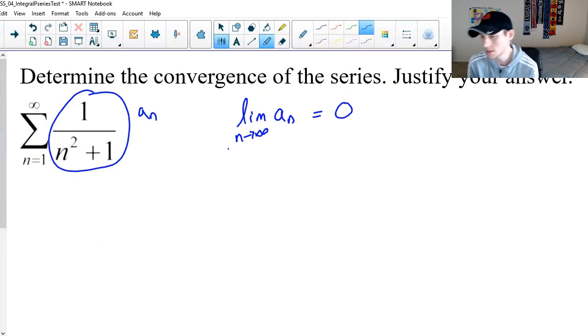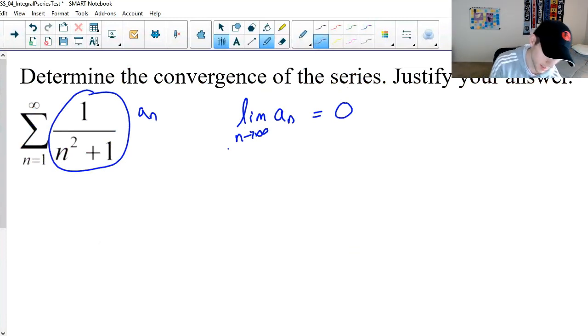We might have to use the alternating series, telescoping series test, geometric series test, nth term test, or now potentially the integral test. So in this case, I would initially start by trying the nth term test, but it tells us nothing if we find that this limit is 0. So that's why I would move on now to the integral test.